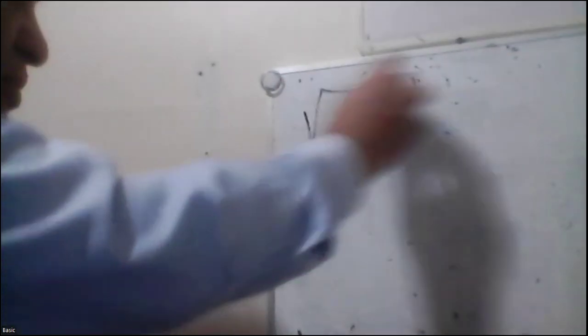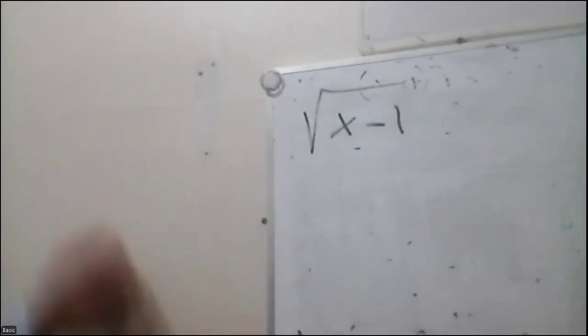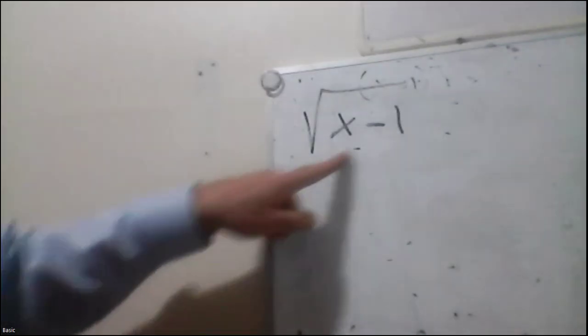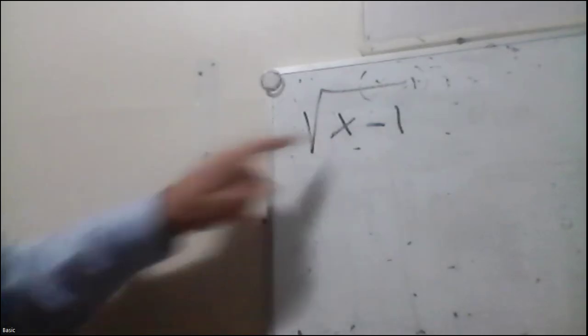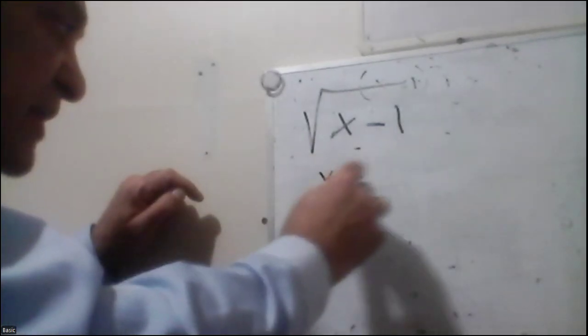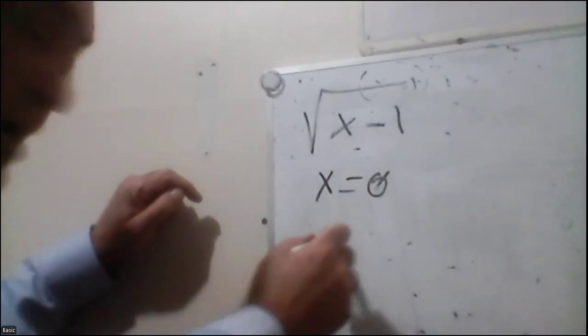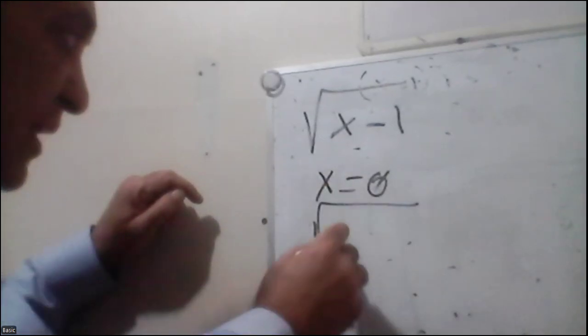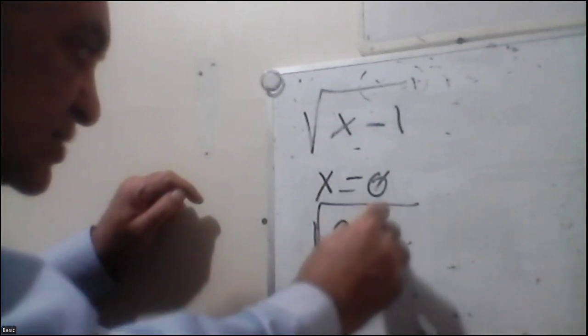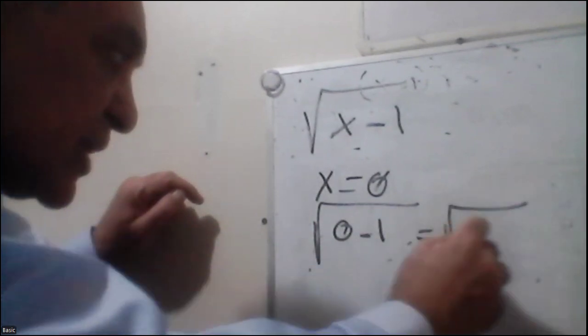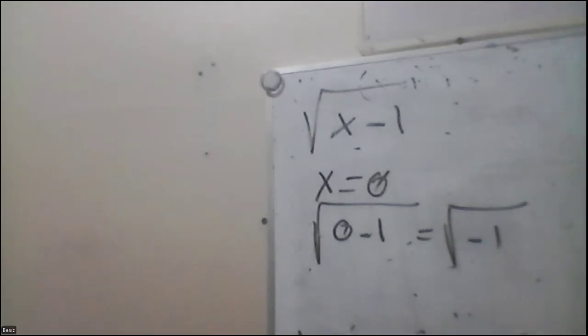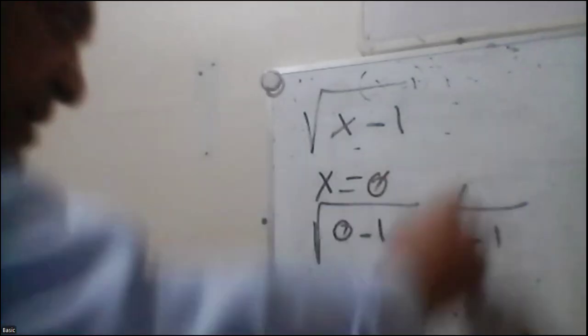If I say the root of x minus 1 under the root, and let's assume I put x equals 0, then I would say the root of 0 minus 1, which gives me the root of minus 1, which is undefined. So I cannot put a value like this.